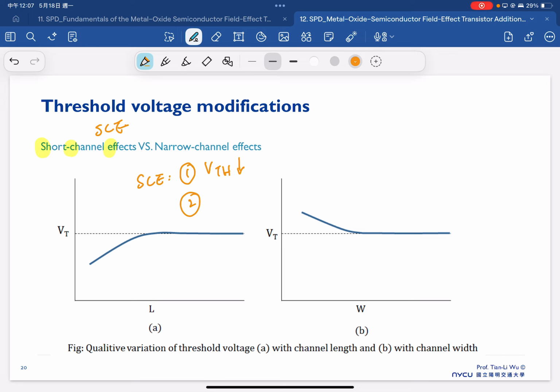Also in the end, because the threshold voltage becomes more negative, the leak current can be increased, because right now we have a wider depletion region. And that's why we need to have SOI or FinFET, such advanced architecture, to reduce the short channel effect.